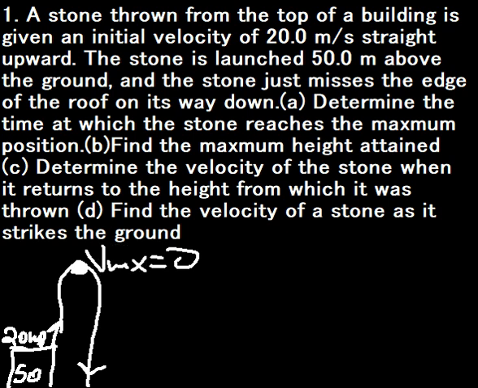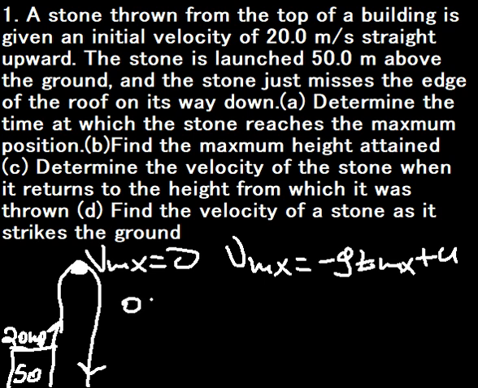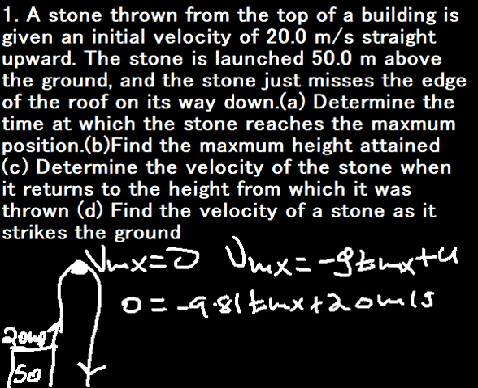We use this formula, which is given as Vmax is equal to negative g times Tmax plus u, where Vmax is zero, which is equal to negative 9.81 times Tmax, plus 20 meters per second.